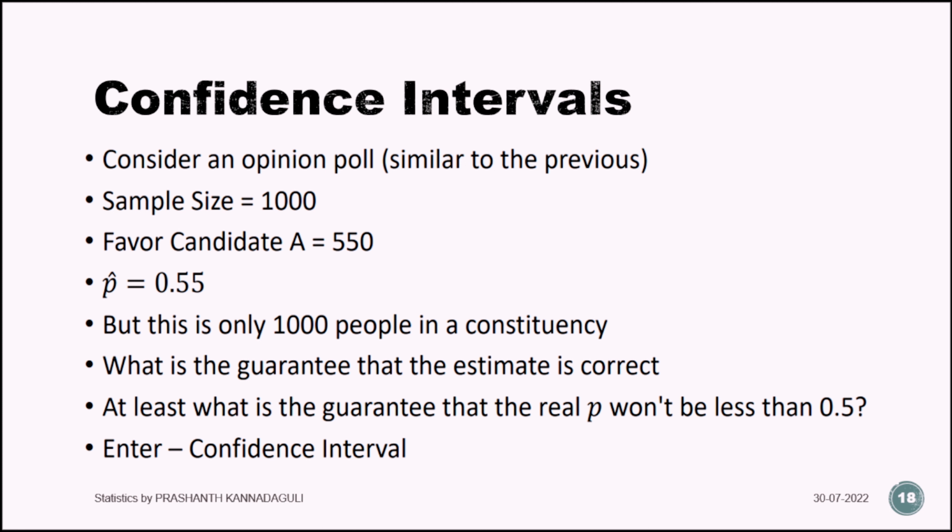But what's the guarantee that when you consider all 10 lakh people, it's not going below 0.5? Because if you get a fraction less than 0.5, it means you are a loser. So you guess that it is more than 0.5, but you may not be able to tell specifically that this is the final value of P.